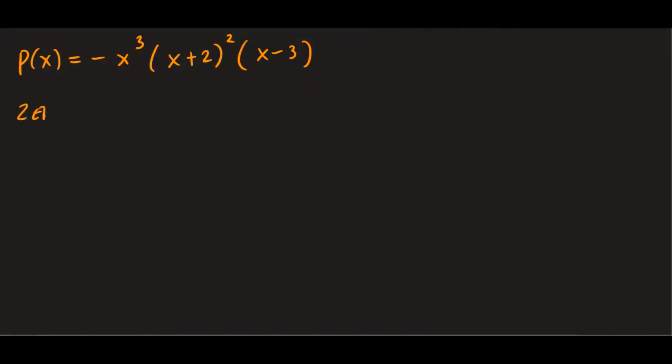So if I set the first factor equal to 0, I get 0. If I set the second factor equal to 0, I get -2. And the last one will give us 3. So these are the zeros. Now, some of these zeros have multiplicity, meaning they're repeated more than once.